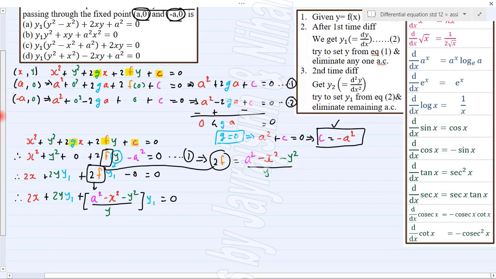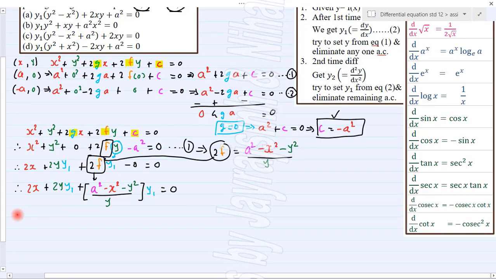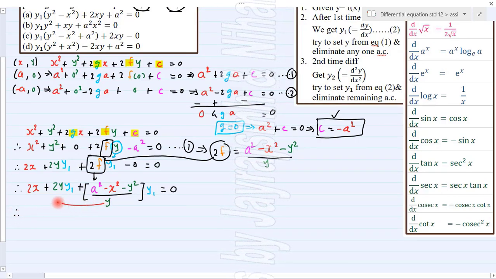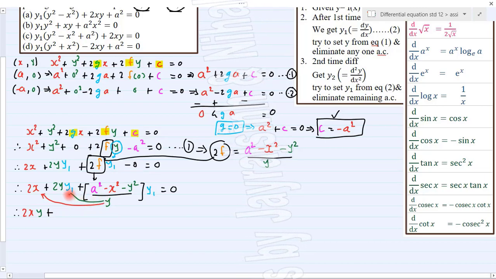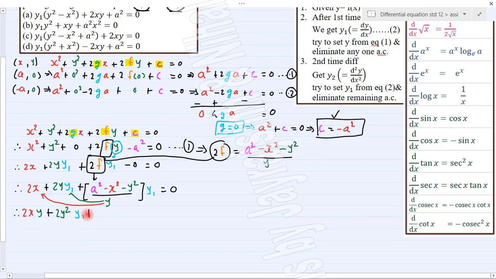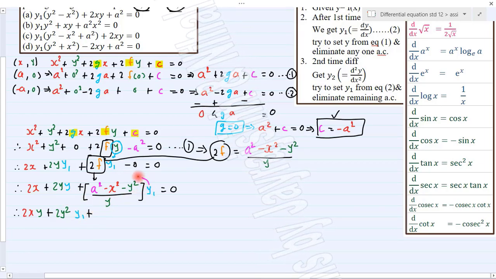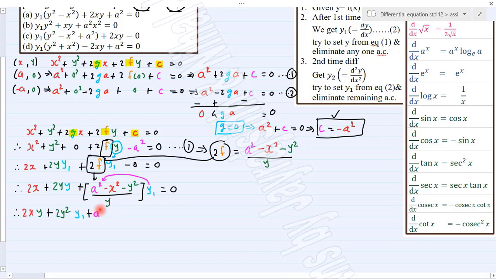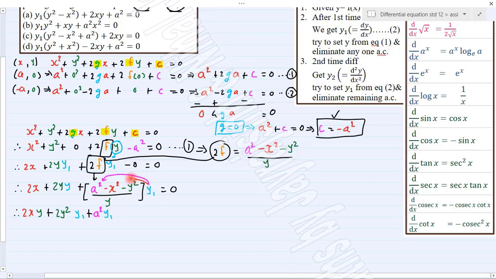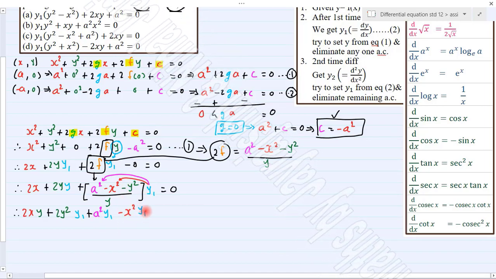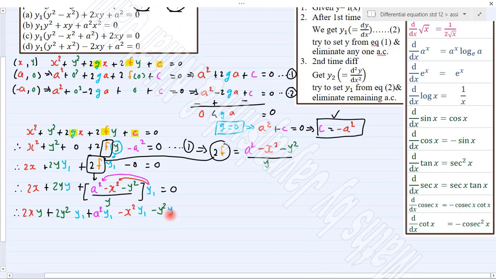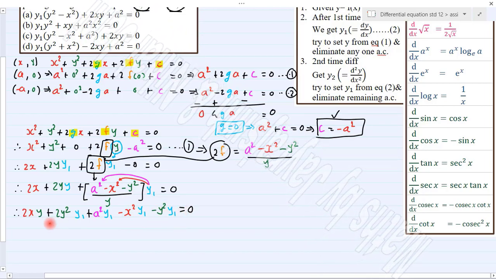Now in further simplification we have to multiply this y with 2x, which will give us 2xy, plus y multiplied with the second term will give us 2y square into y1, plus this y1 will multiply with a square, which will give us a square y1, and y1 into x square will give us minus x square y1, and finally minus y square y1 is equal to 0.